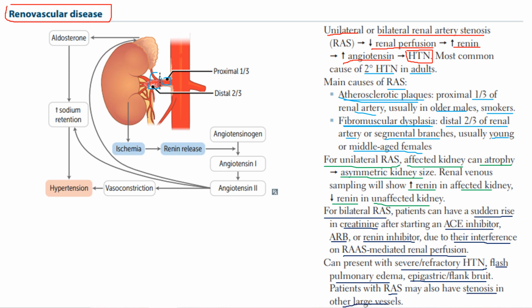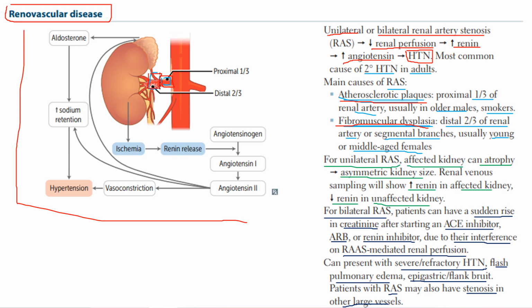Now we'll try to understand renal artery stenosis using this image. Its causes are atherosclerotic plaque in the proximal one-third of the renal artery, or fibromuscular dysplasia in the distal two-thirds of the renal artery or the segmental branches.